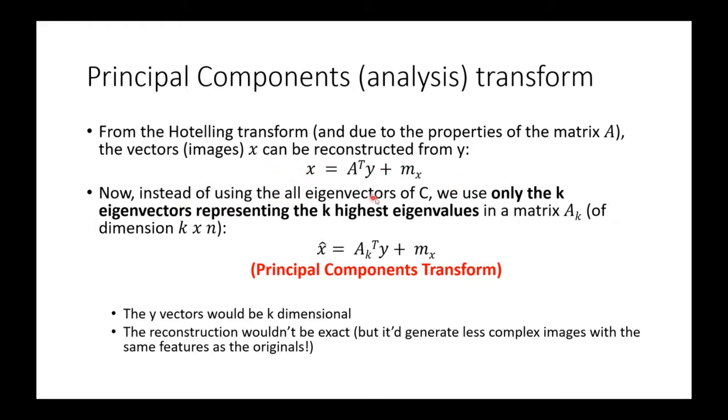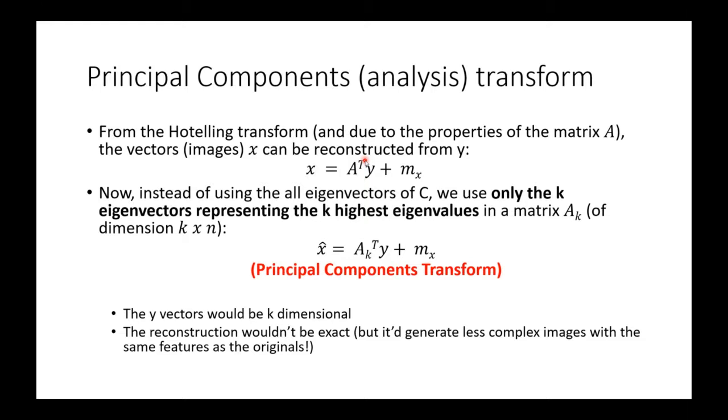Now, instead of using all of the eigenvectors of C, the covariance matrix, we use only the k eigenvectors representing the k highest eigenvalues in a matrix A_k. So this A has all of the eigenvectors. Imagine that we are in this n-dimensional space with multiple major axes representing the directions that hold most of the data. We don't need all of this.